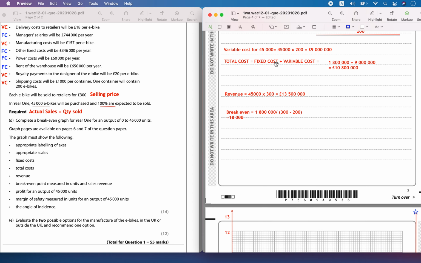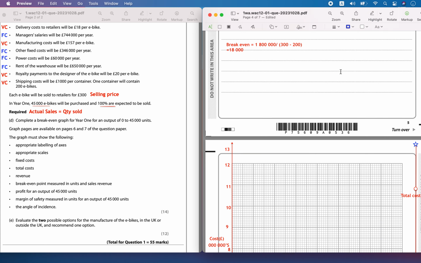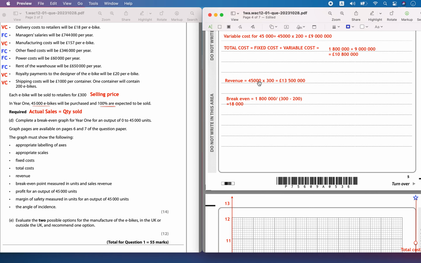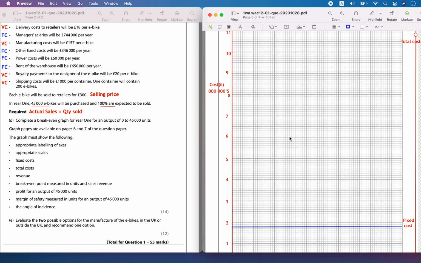The highest total cost at 45,000 units was calculated as 10.8 million. So you will have to mark 10.8 at 45,000. I have also marked the revenue at 13.5. The revenue is calculated here, 45,000 into 300, which is equal to 13.5 million.